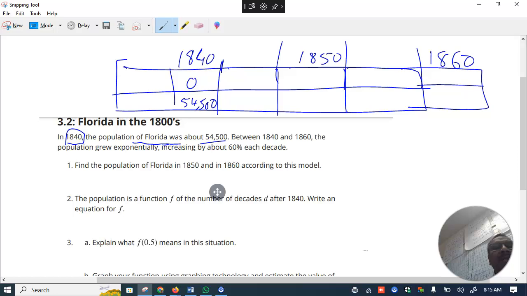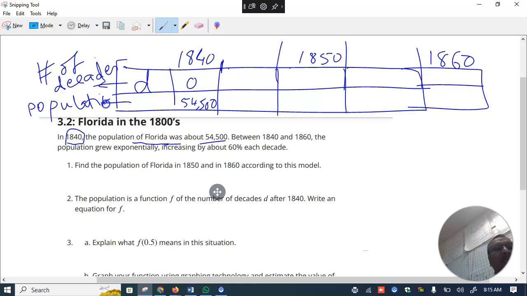So this represents D. D represents the number of decades. And this is the population, so it's represented by f of D. So you have to understand the function notation. What is this f of D?